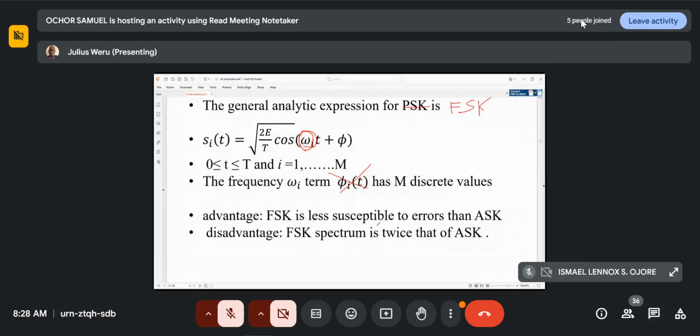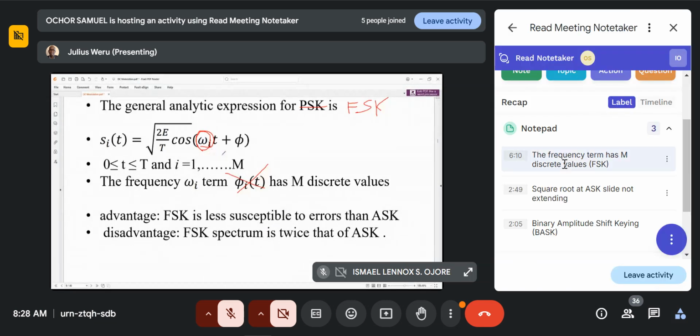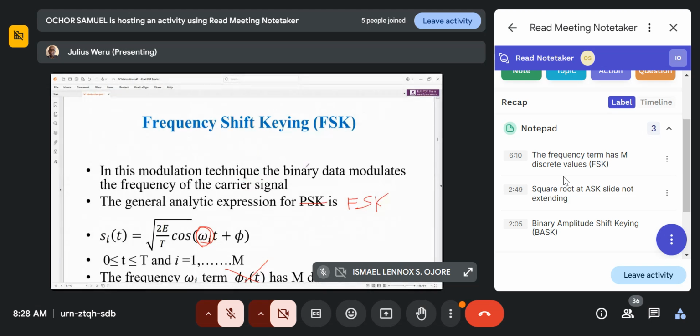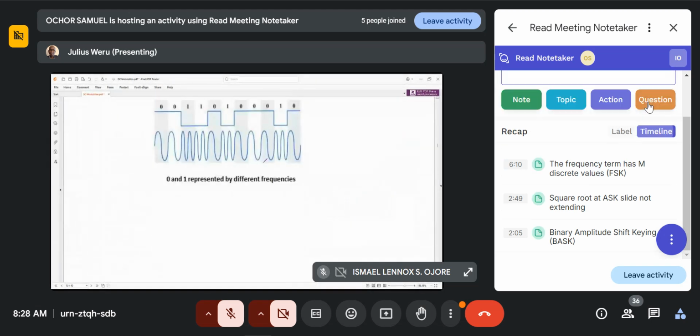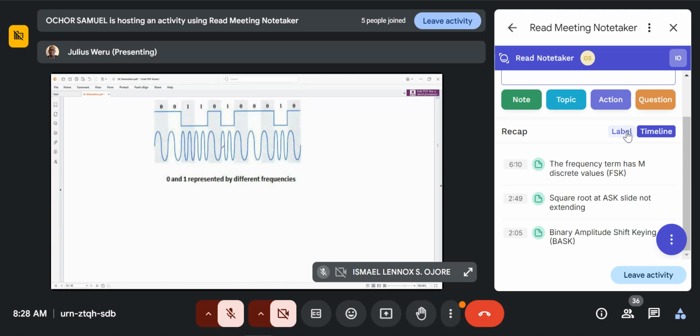Because you have to use two frequencies. We are assuming you're using the same frequency, so it will be twice the frequency because you have to use two frequencies, whereas in the other case, you're only using one frequency. You're either switching it off or on. So that is FSK.